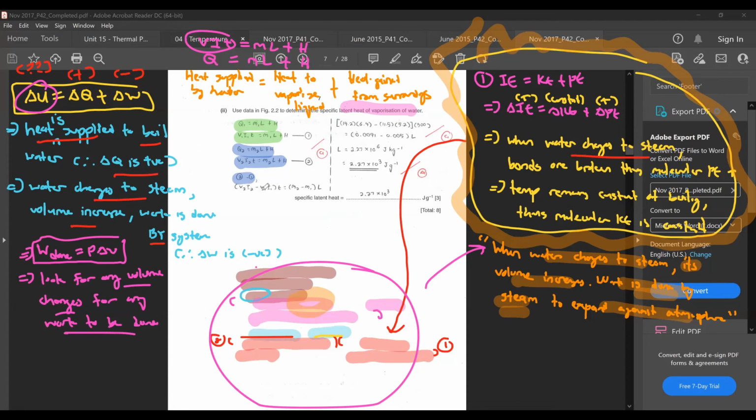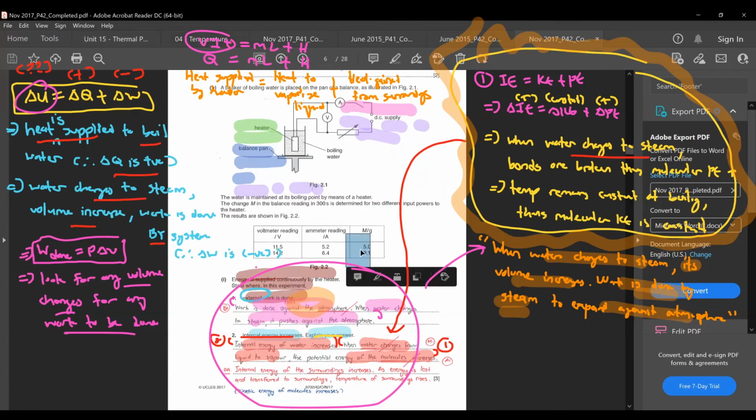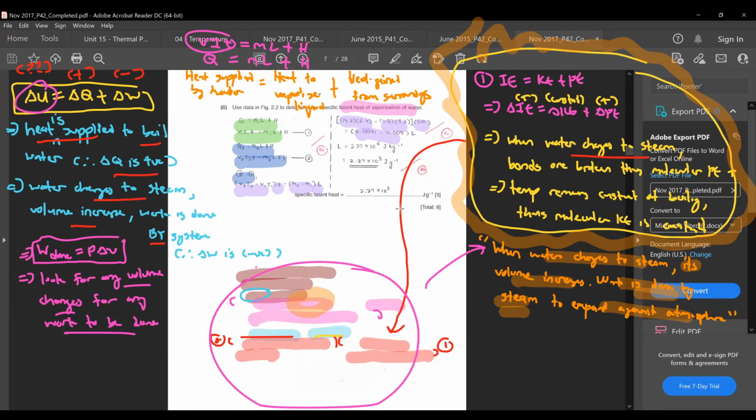You're going to get (V2 I2 minus V1 I1) times T equals (M2 minus M1) times L. So just sub in all the values that you have. Eventually you get your answer. So sub in the VIs, sub in the time, and then sub in your masses. Your masses here are in grams, right? This one you have to make sure you change to kg, because it's SI.